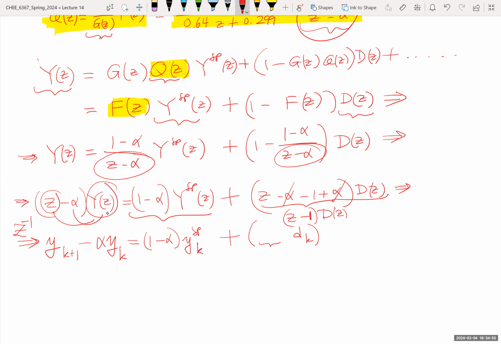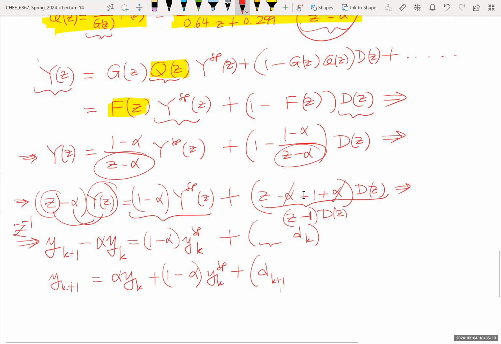It says y(k+1) is alpha y(k) plus (1 minus alpha) y set point(k), plus d(k+1) minus d(k). This is how the closed loop is going to behave.